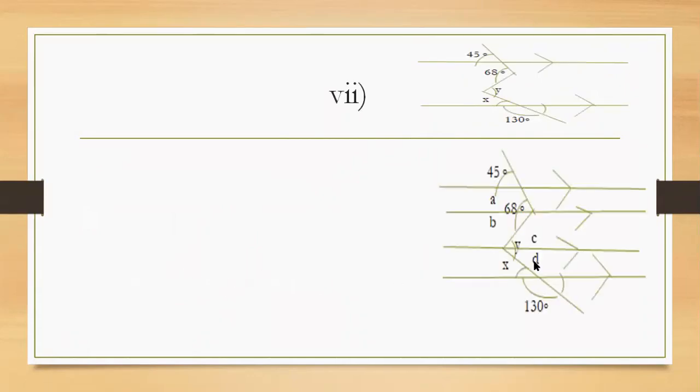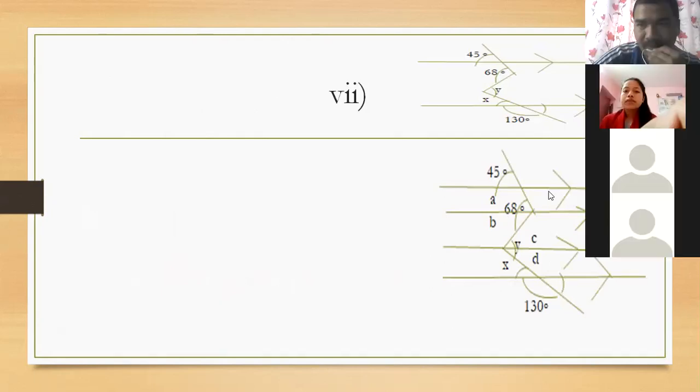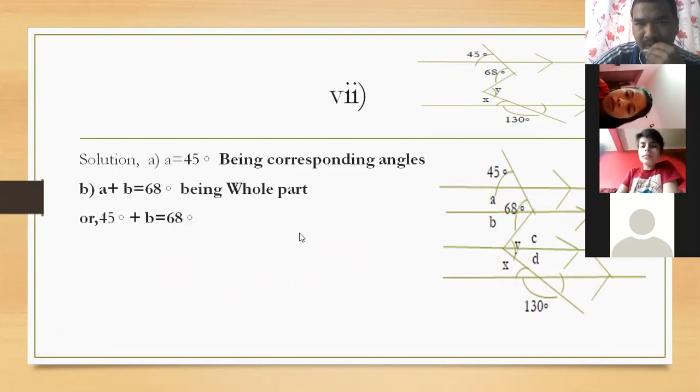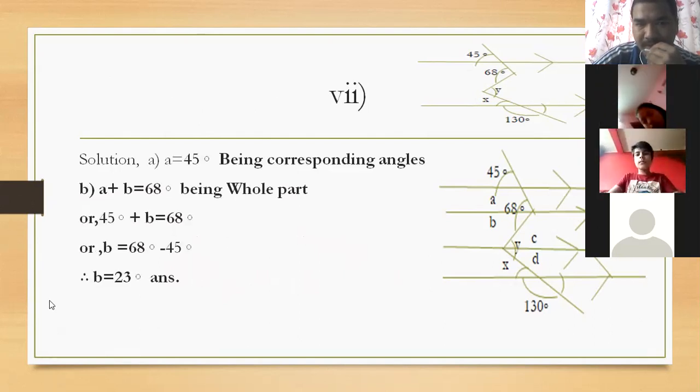Now here in this question, as I just explained here, we draw the two parallel lines. These two lines are parallel, okay? Okay, children. And here, Tejas, Aditya, I have just explained this. 68 is divided into two angles A and B, and y is divided into C and D, and here are drawn two parallel lines, and we found the value of A first, then we found the value of B, okay?